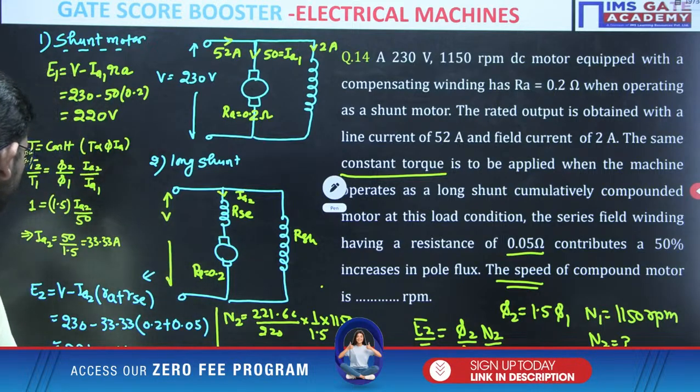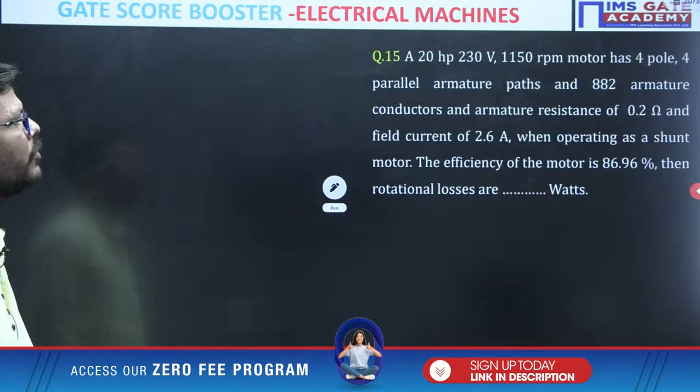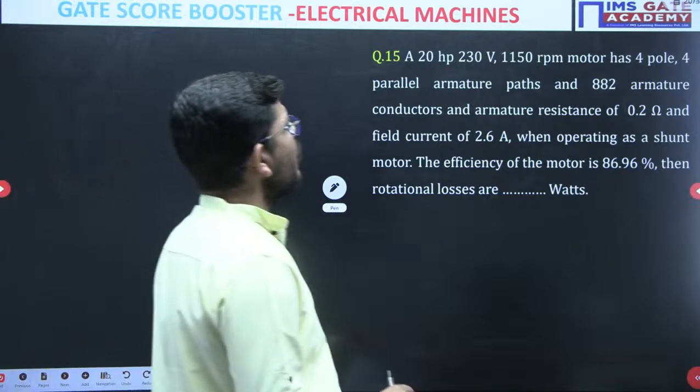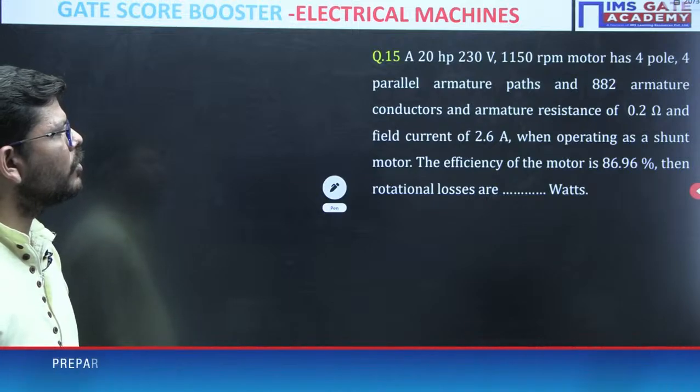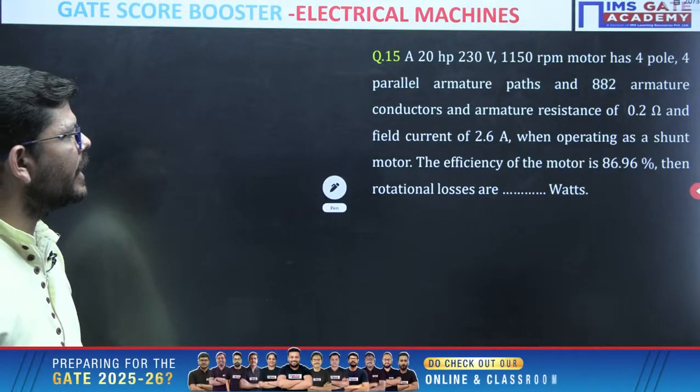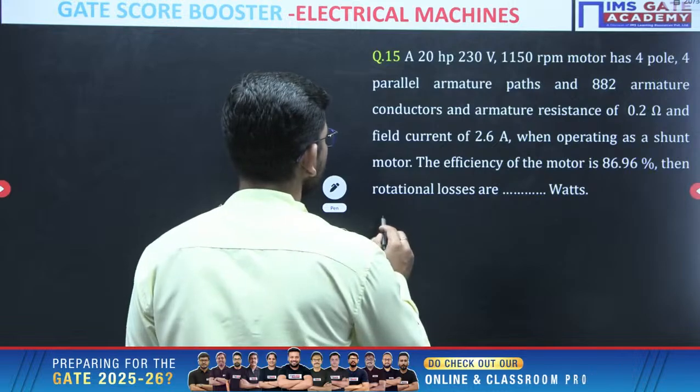Then moving towards the next question. Have a look over this one. A 20 horsepower, 230 volt, 1150 rpm motor has 4 poles, 4 parallel armature paths and 882 conductors. Let us write the data.